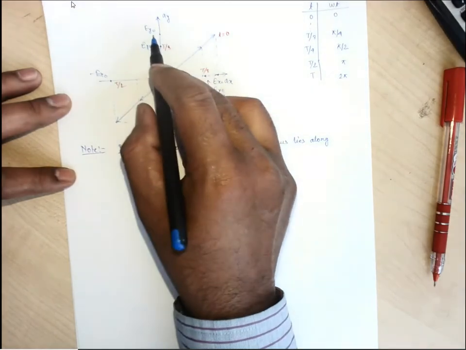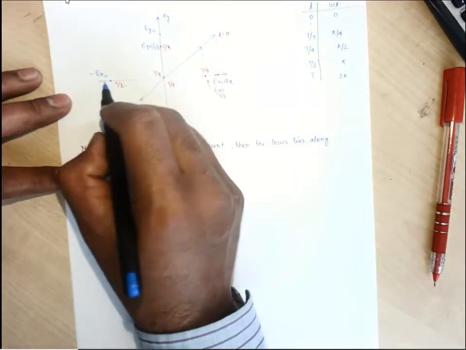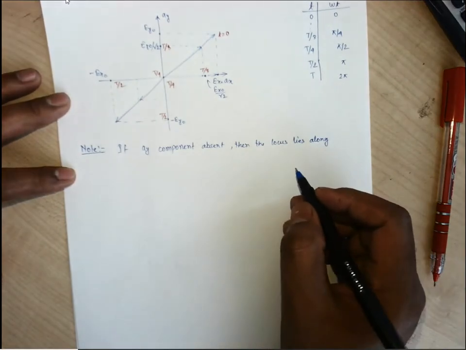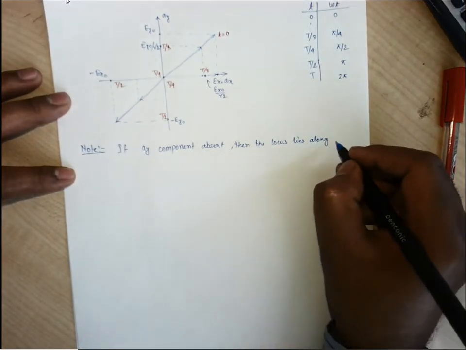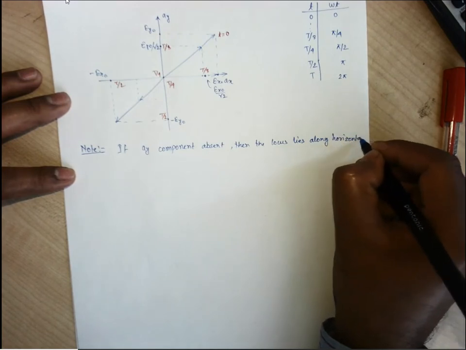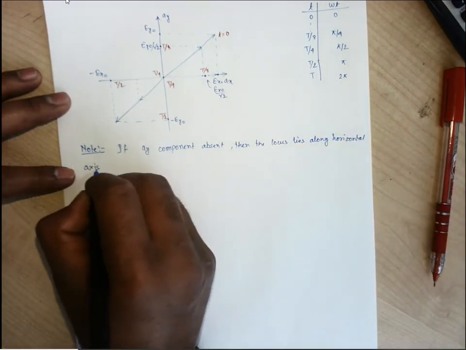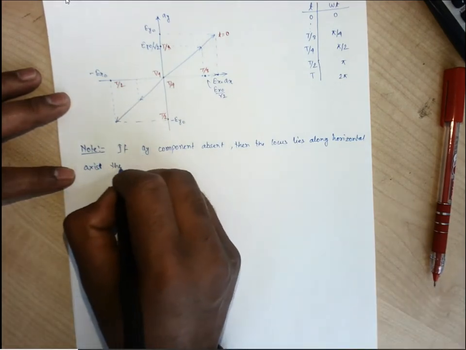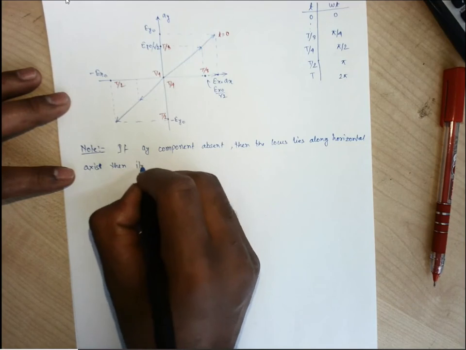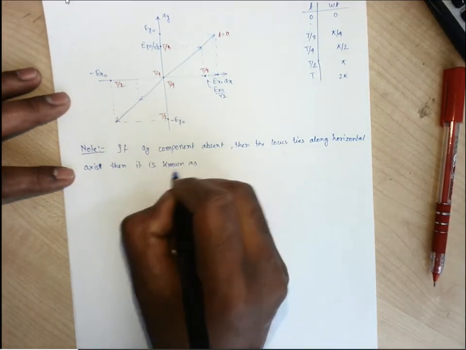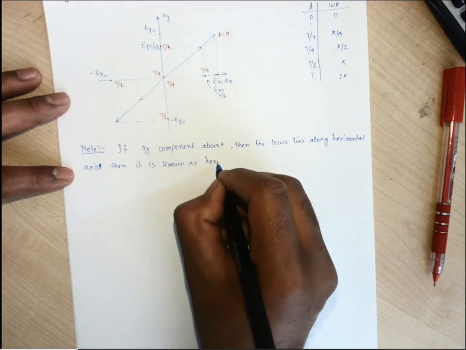If ay is absent, then the locus will always lie along this horizontal axis, that is x axis. Then it is known as horizontal polarization.